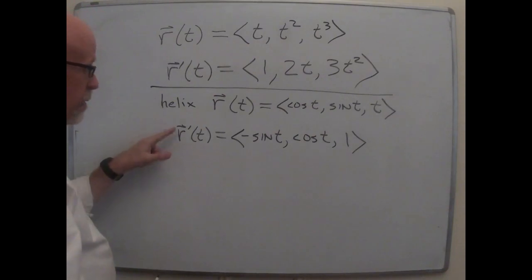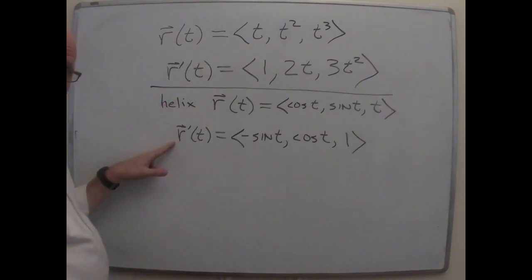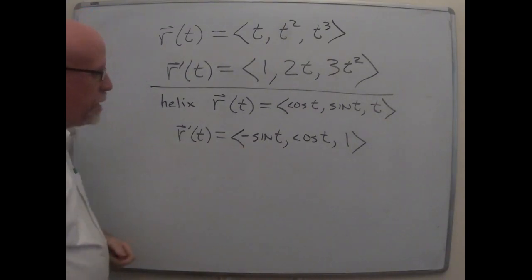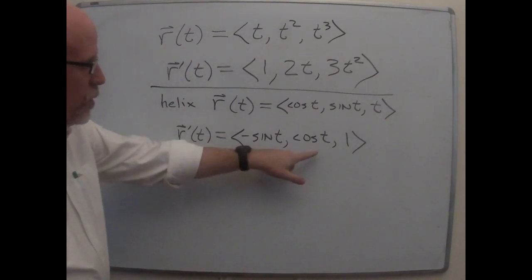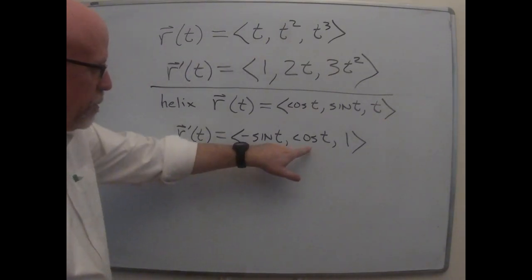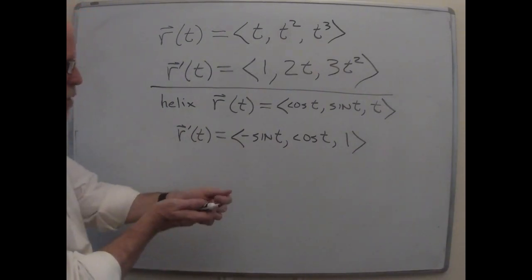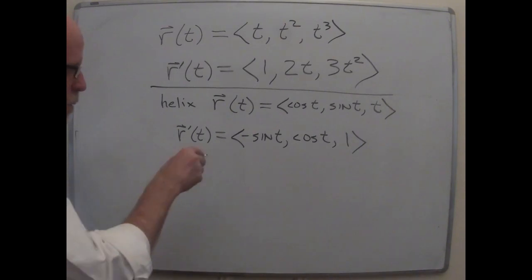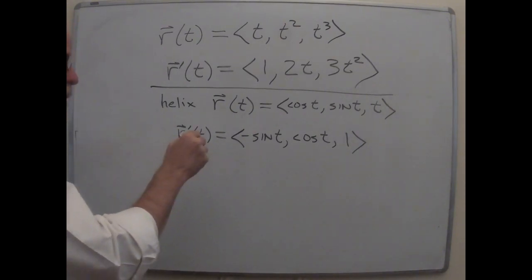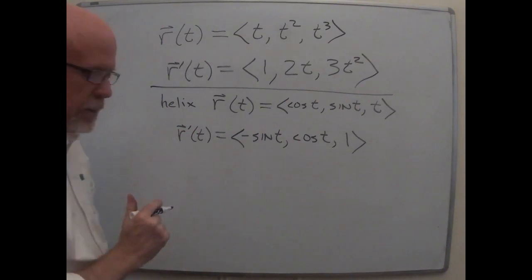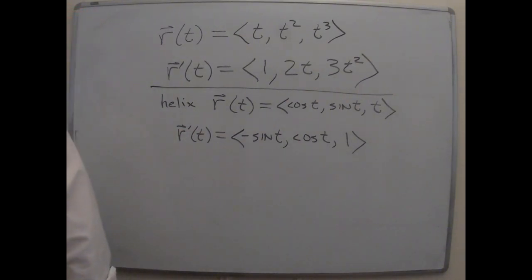The derivative of the helix is the circle that's floating in midair, 1 unit up along the z-axis. It's not the usual circle, which would go cosine sine, but it is still a circle. It's actually just 90 degrees around. We start tracing when t equals 0, where the circle is crossing the y-axis. Not to worry, it's still a circle.